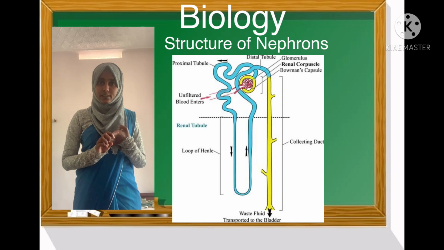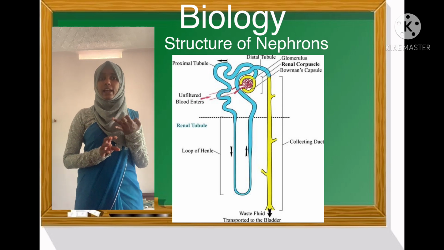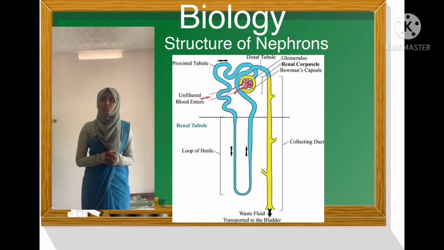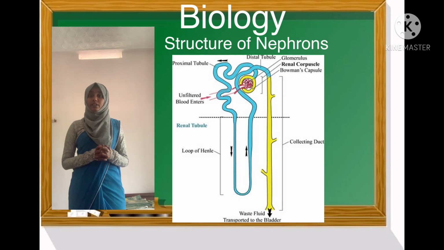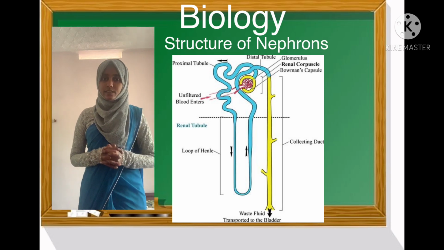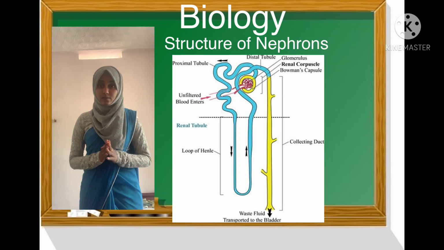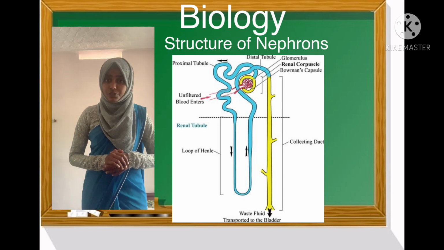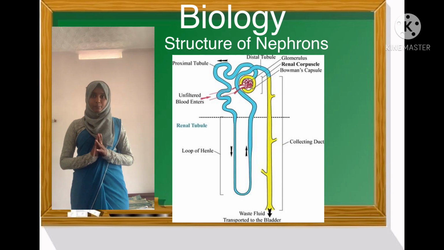There are 8 related parts for the nephron, which helps in the filtration of our blood.